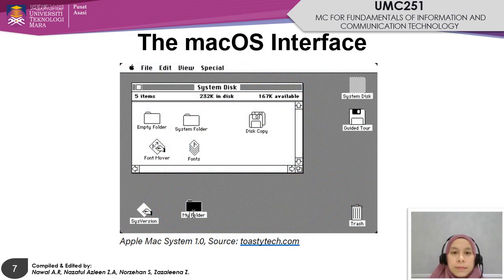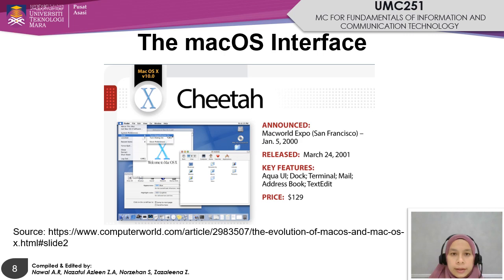Next is the Mac OS interface, and this is the first Mac OS, System 1.0, released in 1984. Normally you can see it has icons similar to Windows that can be dragged and dropped into the target location. And these are the newer GUI versions of Mac OS.